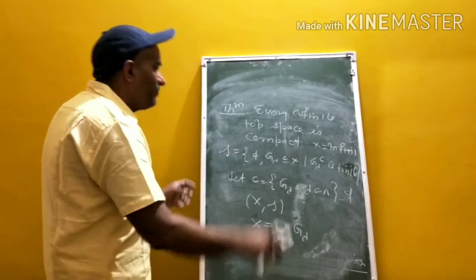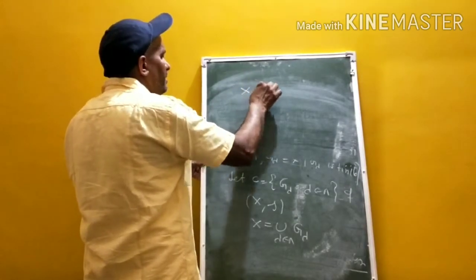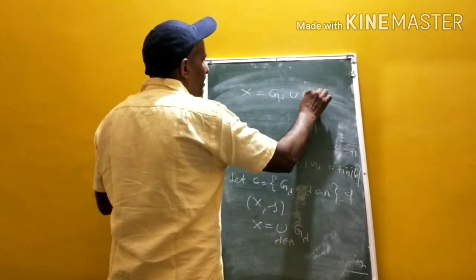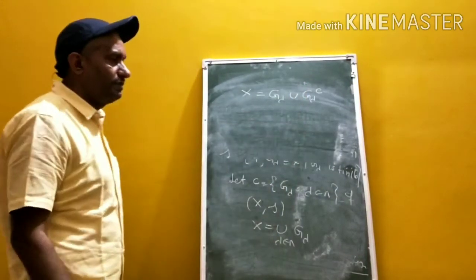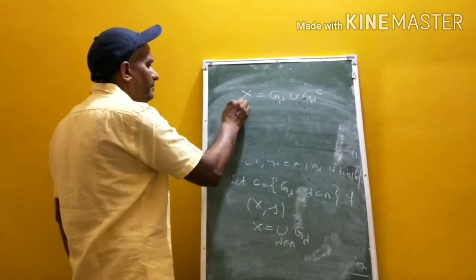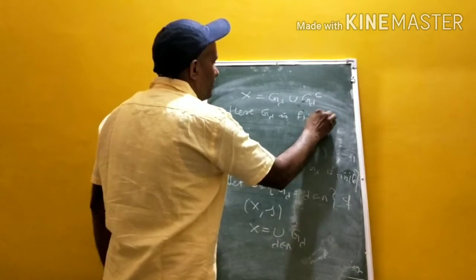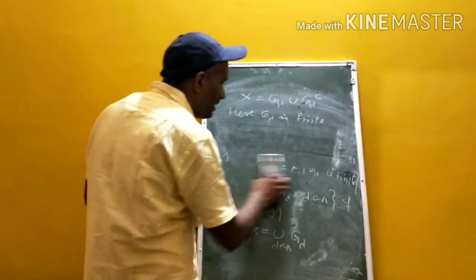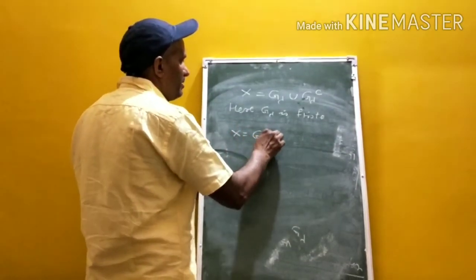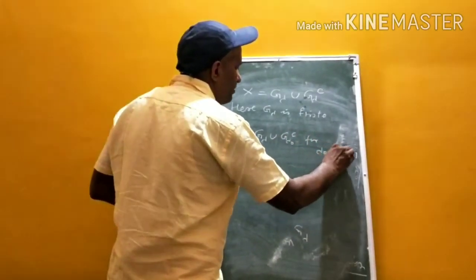Now we further observe that X can also be written as G lambda union G lambda complement, where G lambda complement is finite. So we can write X as G lambda naught union G lambda naught complement, which is finite, for some lambda naught belonging to gamma.